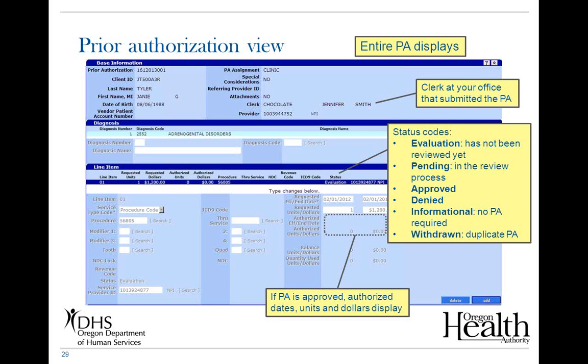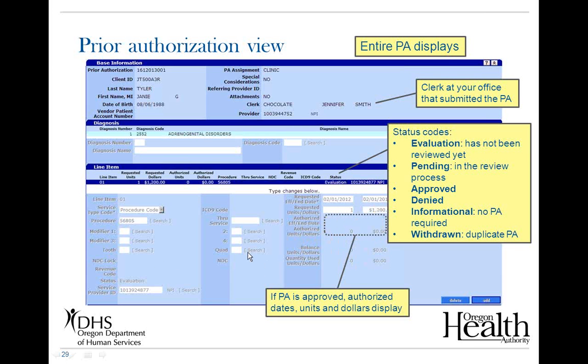If there's a diagnosis, you'll see it listed here in the diagnosis section. And then right down here at the bottom, you'll see line item information. What I like to point out here is if the prior authorization is approved, you'll see authorized dates and units and dollars listed in this section that's circled right here.